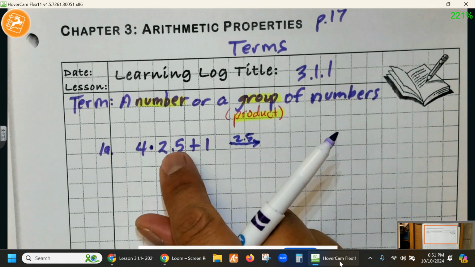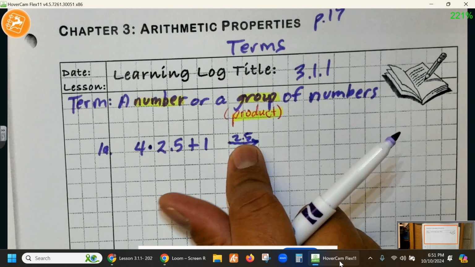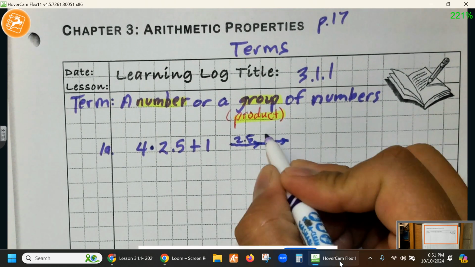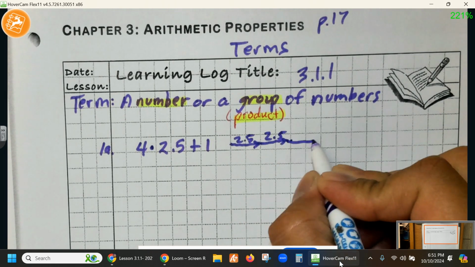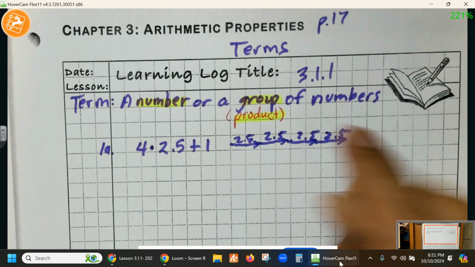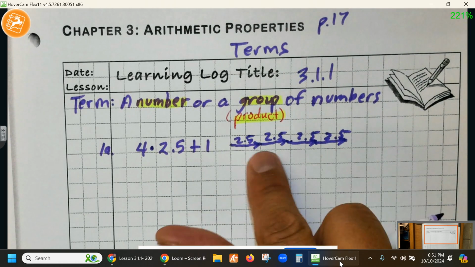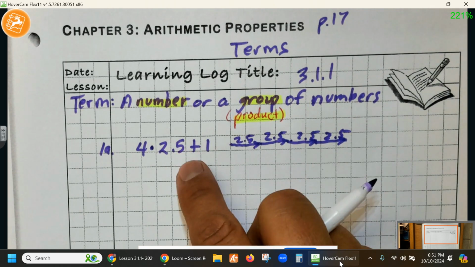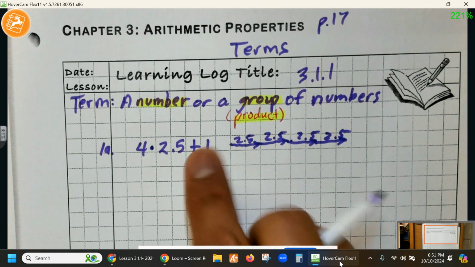And then his second step, since we've only done one group of 2.5, his second step and third step and fourth step are all going to be 2.5. So this gives us 4 times 2.5, or in other words, 4 groups of 2.5. And then his last step would be 1.